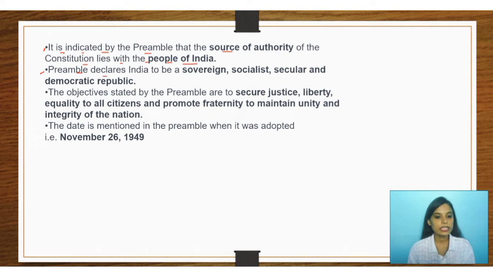Now we need to discuss what is written in the preamble. The preamble declares India to be a sovereign, socialist, secular and democratic republic.